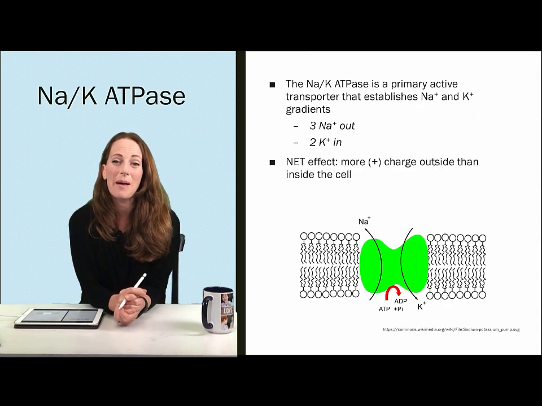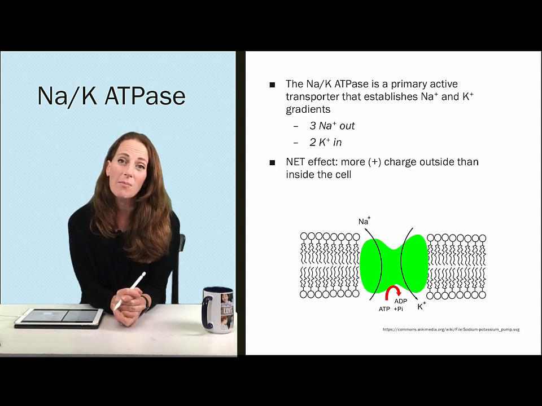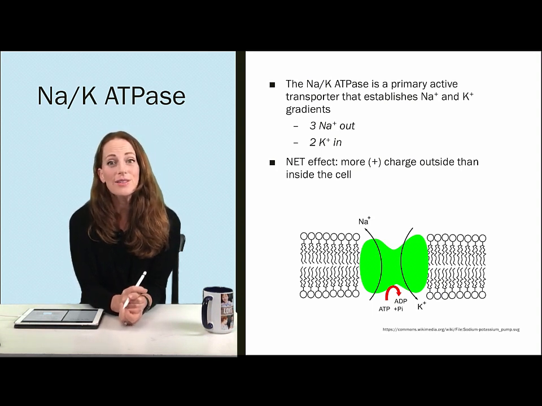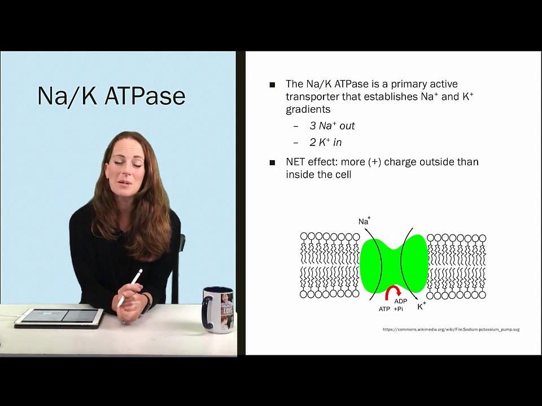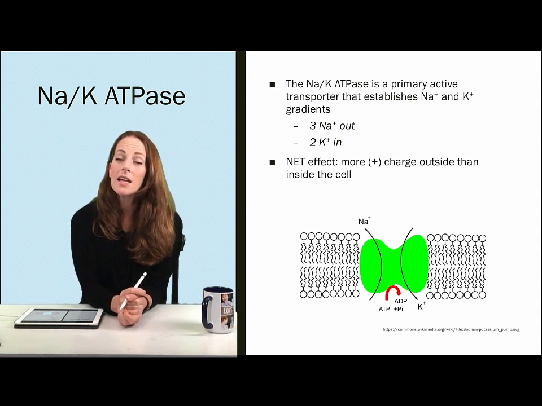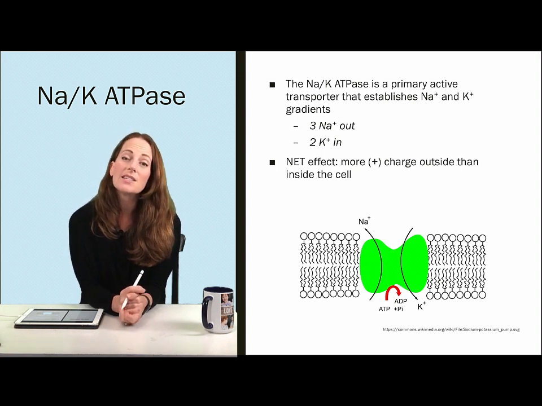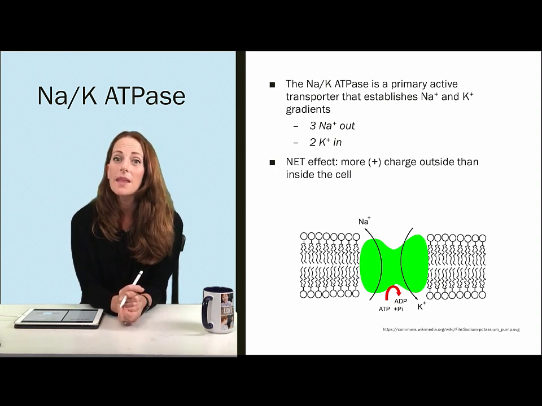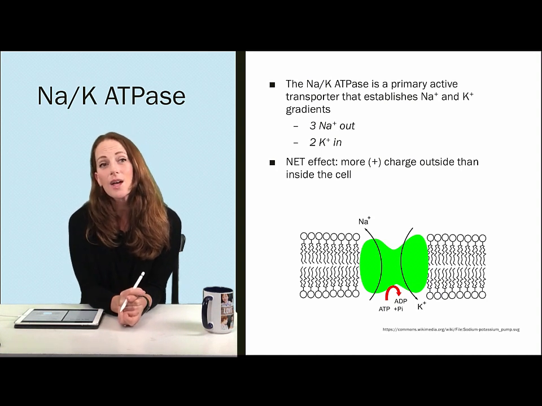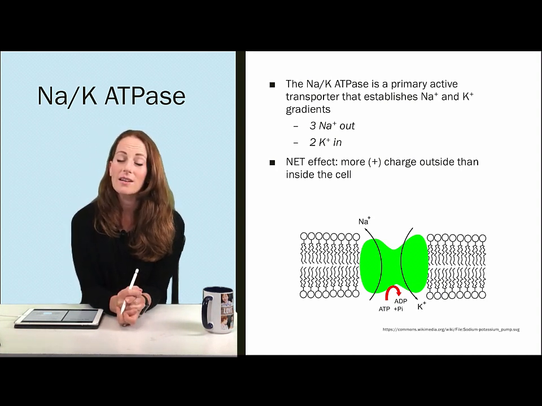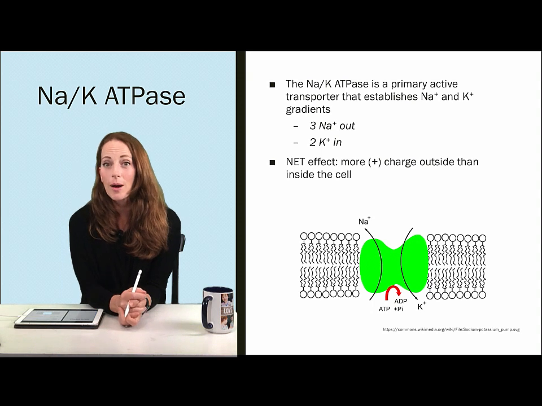So let's think about the channels and pumps that are going to be important for driving the membrane potential. First, we have to give credit to the sodium-potassium ATPase. The sodium-potassium ATPase, or the sodium-potassium pump, is what sets up the sodium and potassium gradients across the extracellular and intracellular compartments.